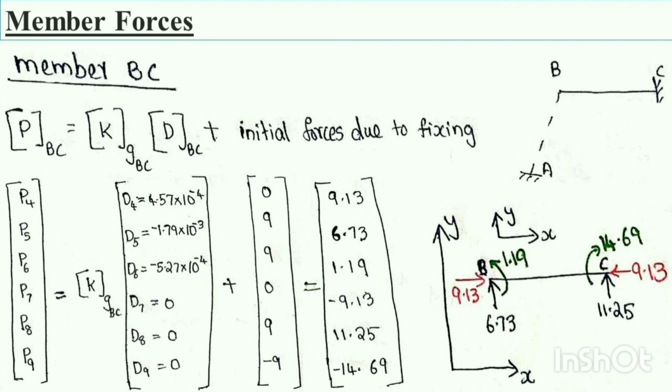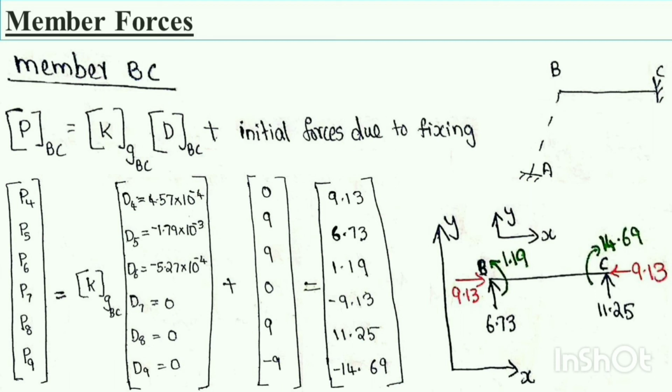The forces are P4, P5, P6, P7, P8, P9, which is equal to KGBC into D4, D5, D6, which we have obtained earlier, and D7 equal to 0, D8 equal to 0 and D9 equal to 0, plus equivalent forces due to fixing: in the direction 4 it is 0, in the direction 5 it is 9, in the direction 6 it is again 9, in the direction 7 it is 0, in the direction of 8 it is 9 and in the direction of 9 it is minus 9.